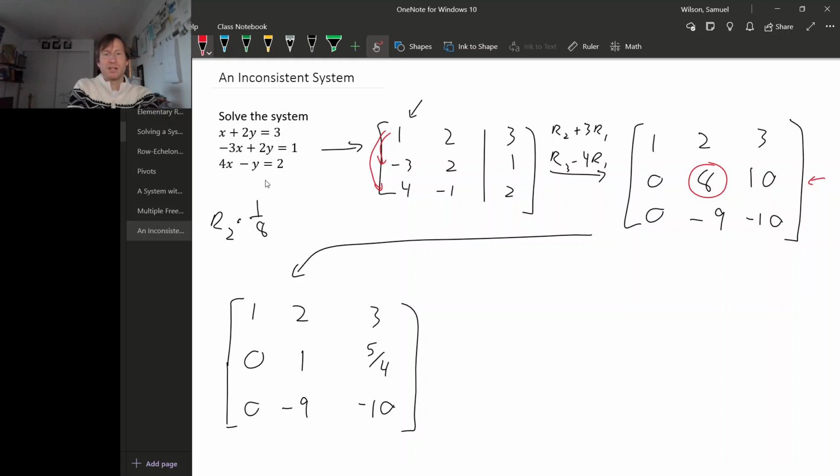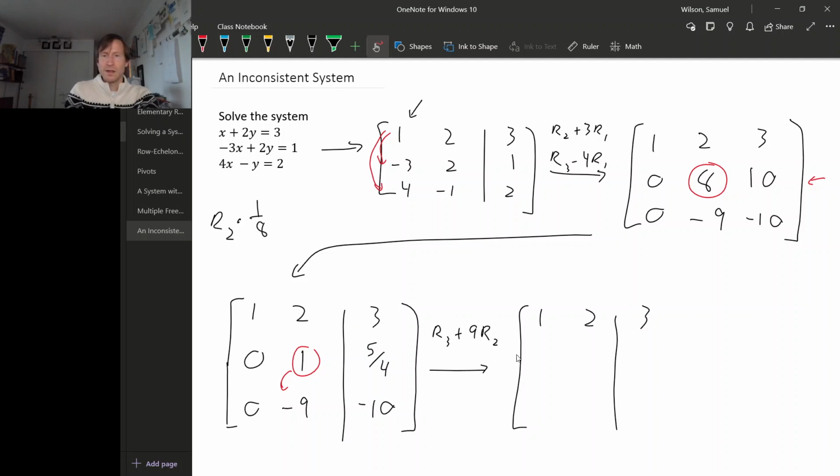Okay, now that we have a leading 1 in this pivot position, we can use it to eliminate the minus 9 below it. So we're going to do third row plus 9 times second row. This doesn't change the first row, 1, 2, 3. Doesn't change the second row, 0, 1, 5 over 4. And now last row is 0, so minus 9 plus 9 times 1 is 0, and then minus 10 plus 9 times 5/4.